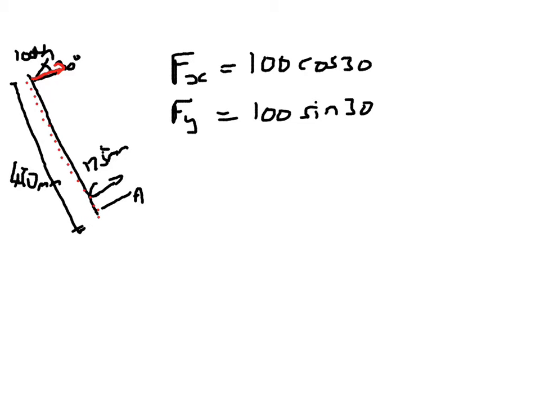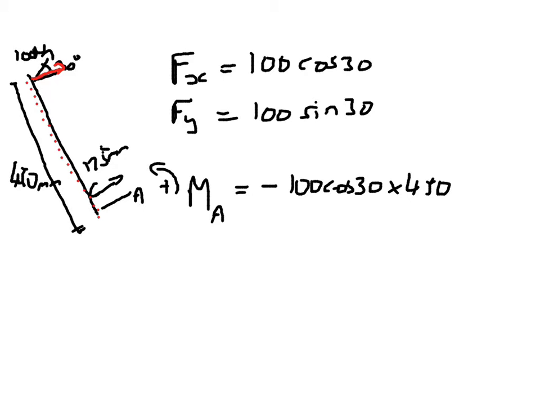So my moment about point A, calling anti-clockwise positive, is going to equal, well, the x component is going to be trying to turn it clockwise, so minus 100 cos 30 times 415. You can leave it in millimetres if you want to.